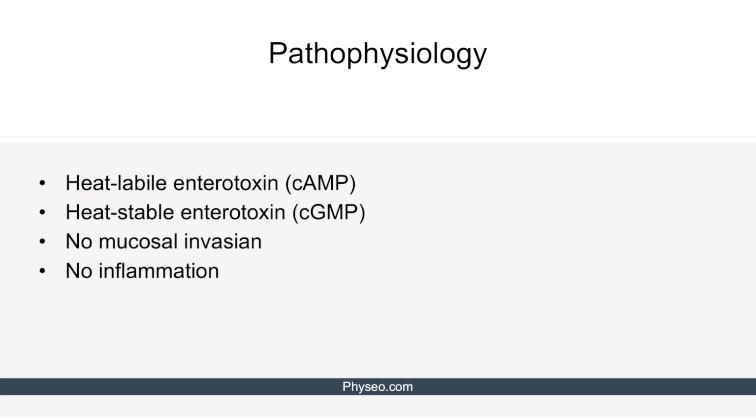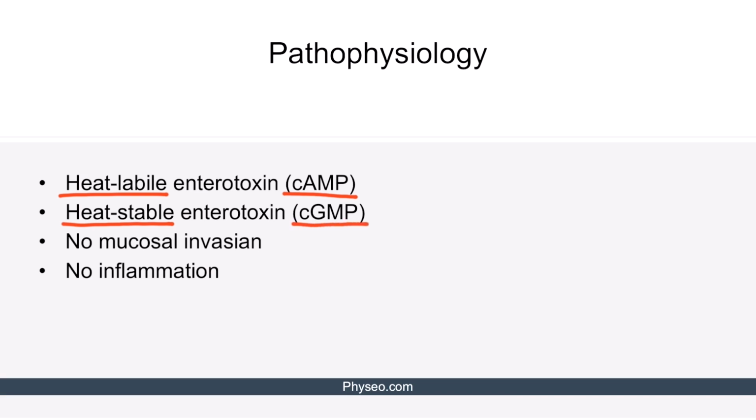ETEC produces two toxins, heat labile and heat stable enterotoxins. Heat labile toxin activates adenylate cyclase, increasing cyclic AMP levels in enterocytes. Now, increased cyclic AMP causes excessive chloride and water secretion from the enterocytes and into the gastrointestinal lumen, contributing to diarrhea. Heat stable toxin, on the other hand, activates guanylate cyclase, increasing cyclic GMP levels in enterocytes.